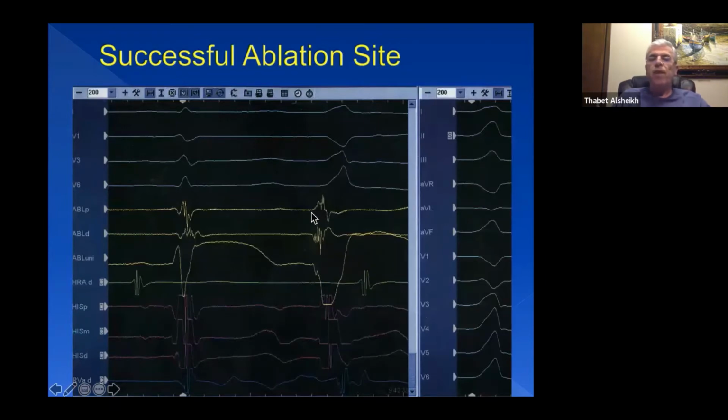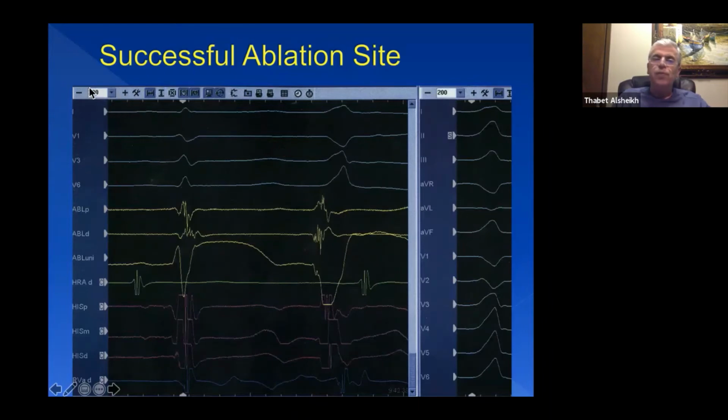Same thing. We decide first, based on the surface ECG, whether it's coming from the right ventricle outflow tract or left ventricle outflow tract, and go to that area and try to find the earliest site of activation that has to be earlier than the surface PVC. This is sinus.